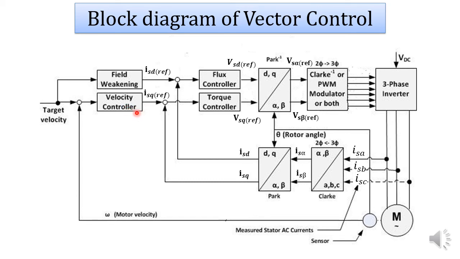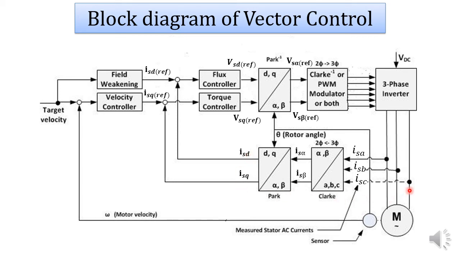It will normally be a PI controller, and the output of that velocity controller will be the reference value of ISQ, that is the quadrature component of the stator current. That is the reference value of ISQ.